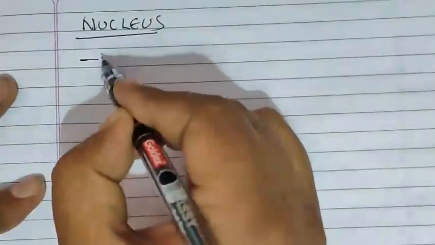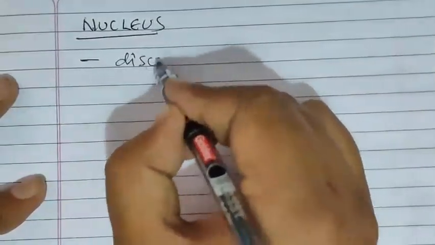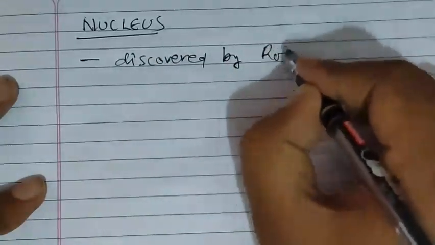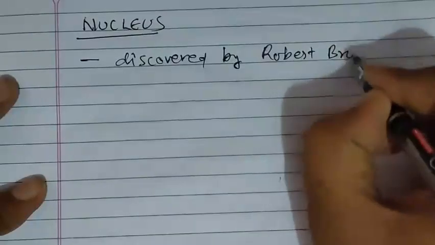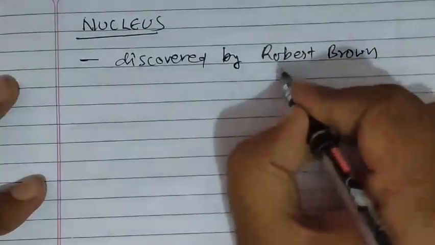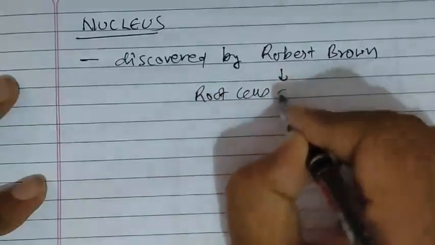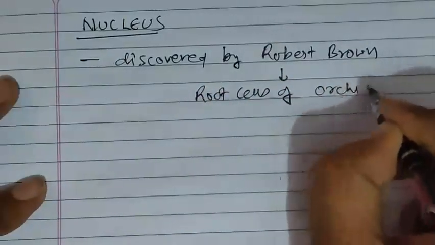So the nucleus was discovered by Robert Brown in the root cells of orchid plant.